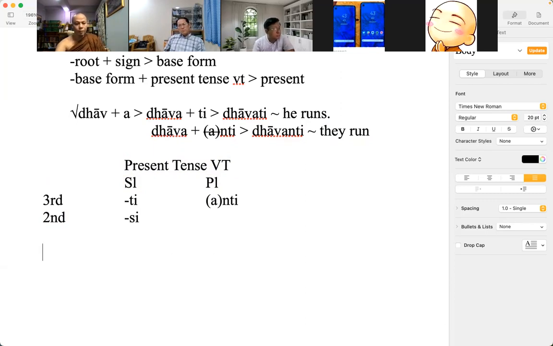Now to the base dawa, by adding the si, we have dawasi. So dawasi is second person, singular. So it means you run.